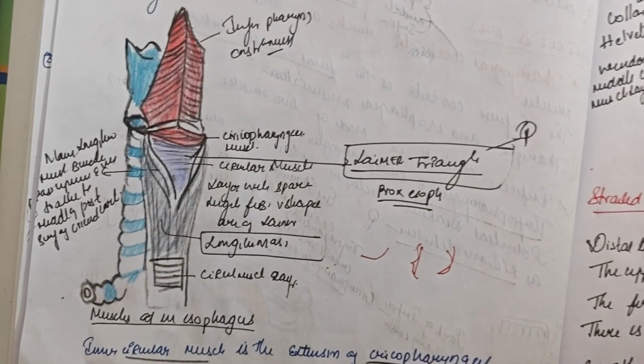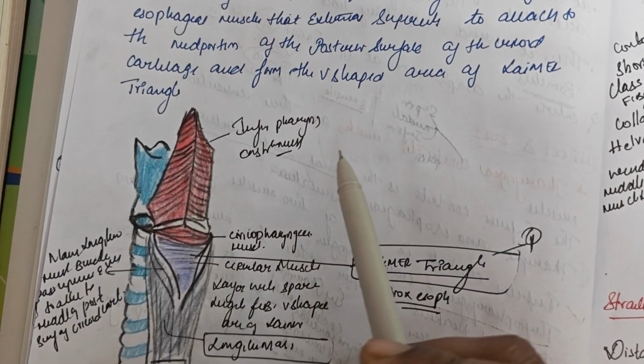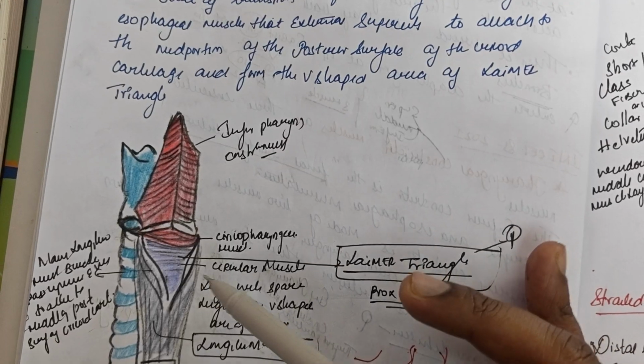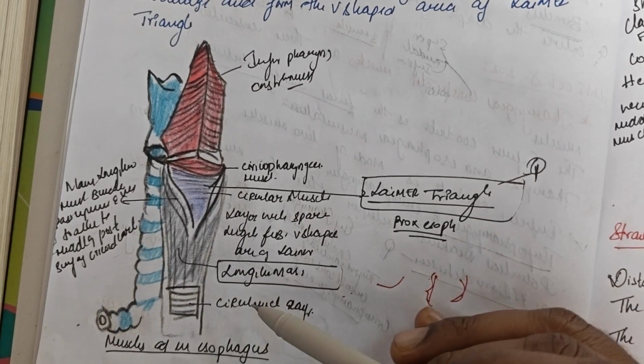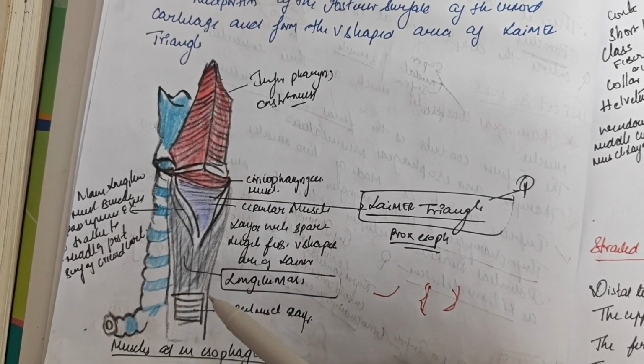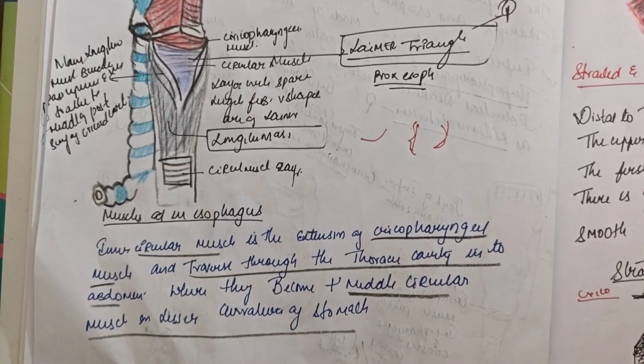That's what we need to understand. So the constrictor muscle, cricopharyngeus, continues as circular muscles, and then you have the longitudinal muscles. That's what you need to understand.